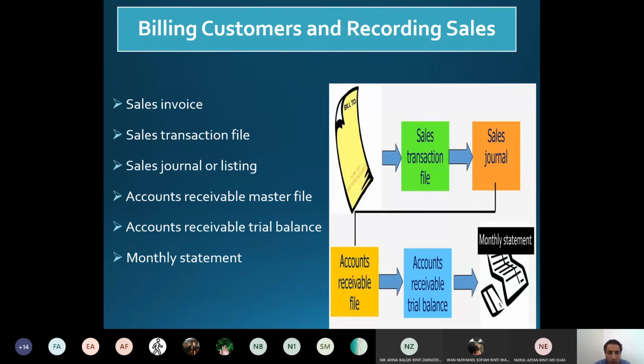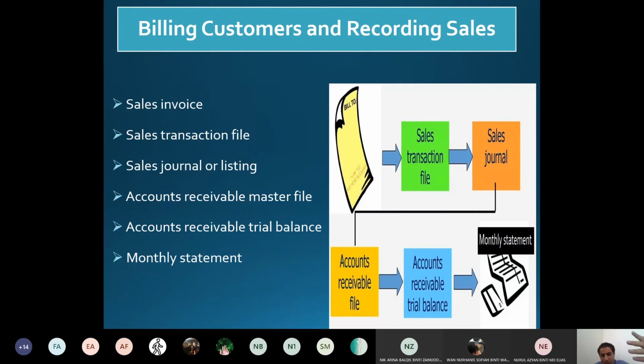It will record in the sales transaction file, sales journal, and account receivable master file. All of this will be updated, and if you request a monthly statement, it will be generated with a click.